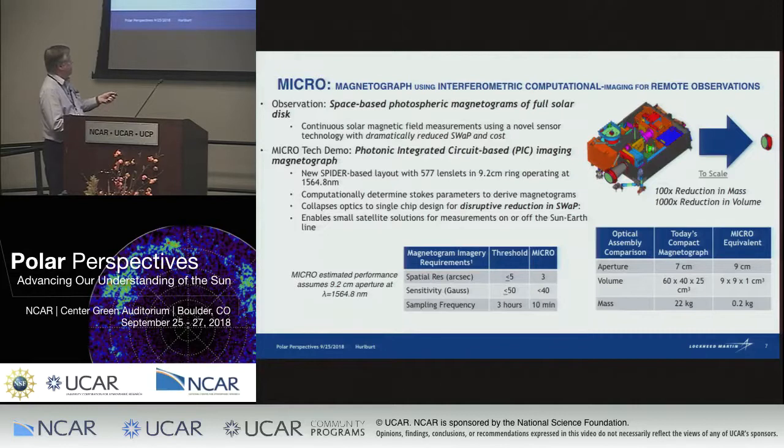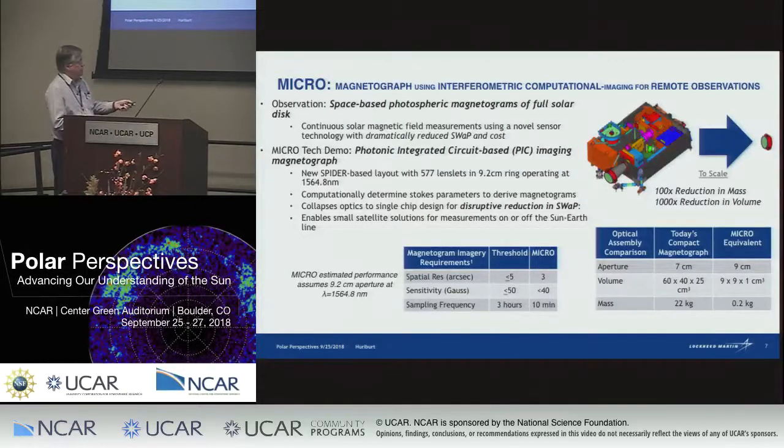Essentially, with a ring that's 9 centimeters, we can get down to about 3 arc seconds of resolution. Since we haven't built it yet, we haven't fully validated the numbers, but we think we can get down to something on the order of 40 Gauss with a 10-minute cadence, and I'll talk a little bit more about why that is.